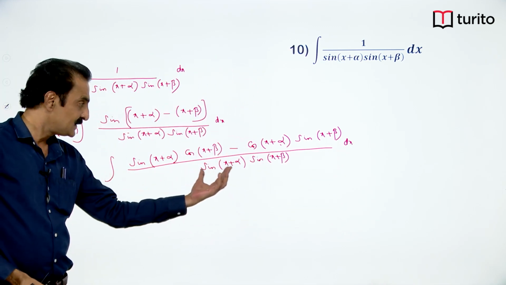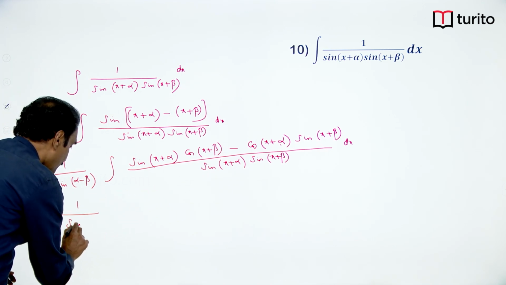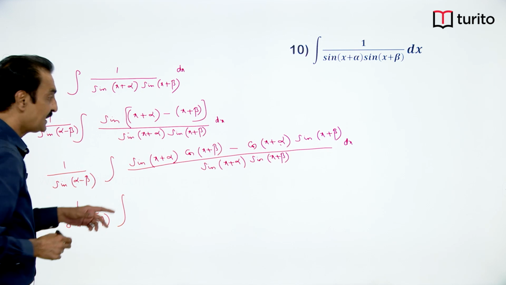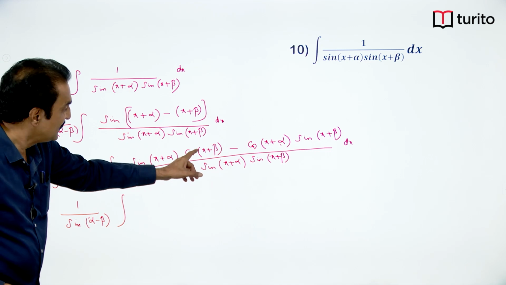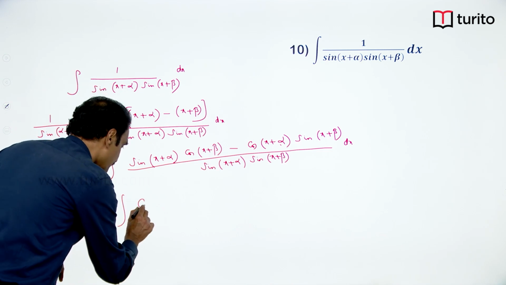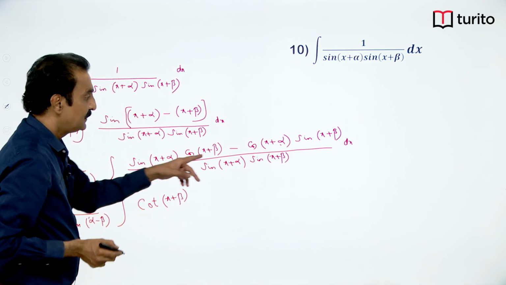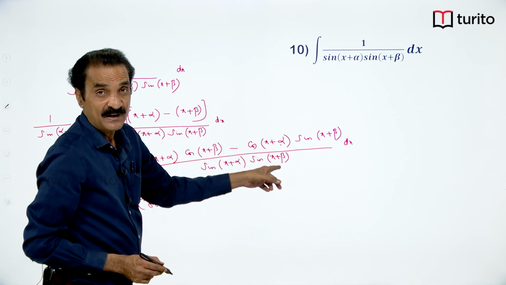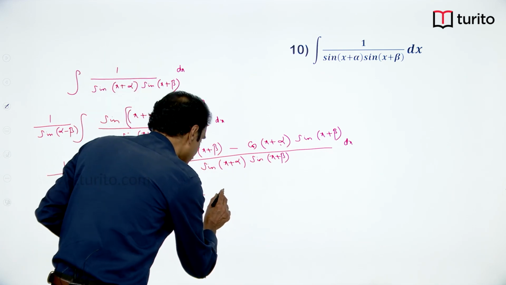Now, you see what happens if you separate the denominator. 1 by sin alpha minus beta into integral this by this product, sin x plus alpha cancels, cos x plus beta by sin x plus beta is cot x plus beta. Minus this product by this product, this time sin x plus beta cancels, cos x plus alpha by sin x plus alpha is cot x plus alpha.